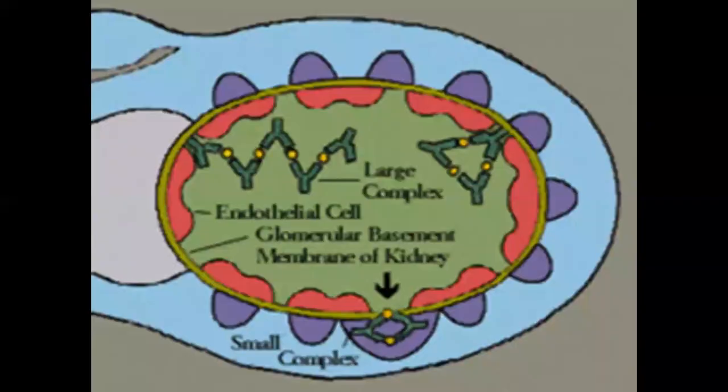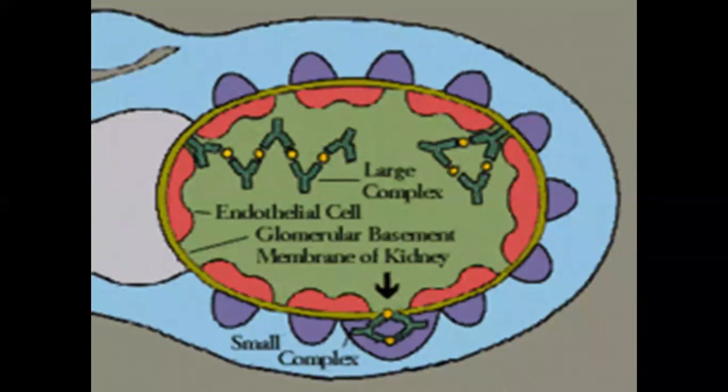So glomerulonephritis can be type 2 hypersensitivity reaction, or it can be type 3 hypersensitivity reaction, depending on the mechanism. In case of 3, the antigen antibody complex is going to get deposited in the glomeruli, and then they are going to damage.